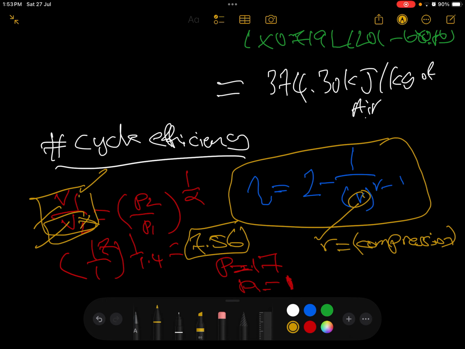So that's another problem, right? So we need to have two units already. So (P2 divided by P1) to the power of 1 divided by gamma equals 7.56. It's also with no units, so you need to be careful. The bar cancels the bar, okay? So that's the compression ratio.